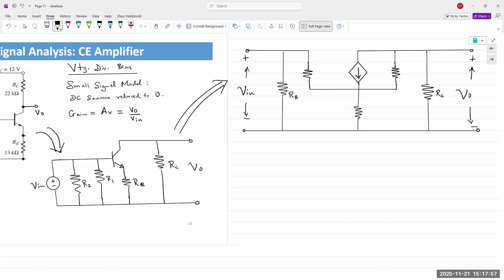So we have RB, R pi, and RO, the output resistance, RE, the emitter resistance, and RC.